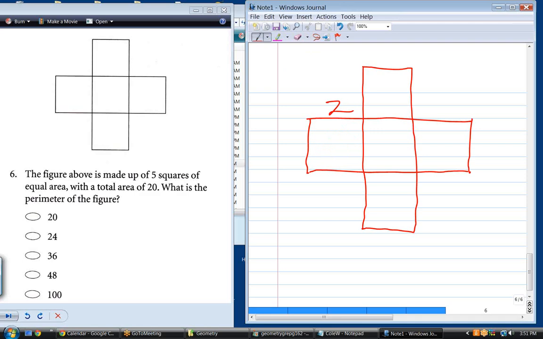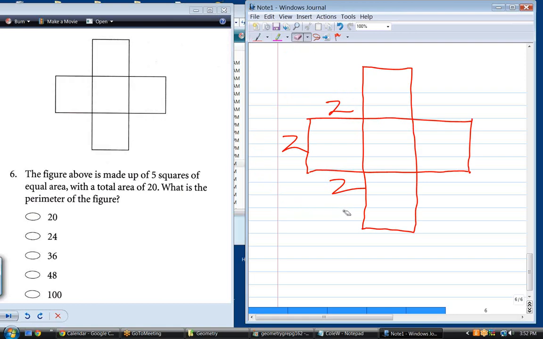What's the perimeter? 24. Good. It's fast. Did you do it like this? So there's 6, and then 6 more, 6 more, and 6 more. Is that the way you did it? How'd you get 24 so fast?